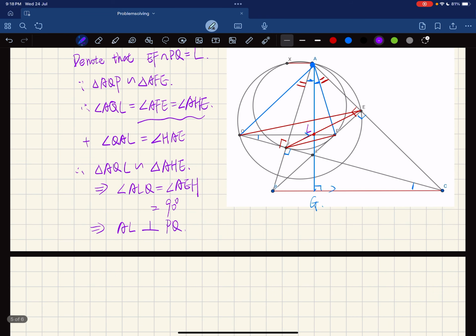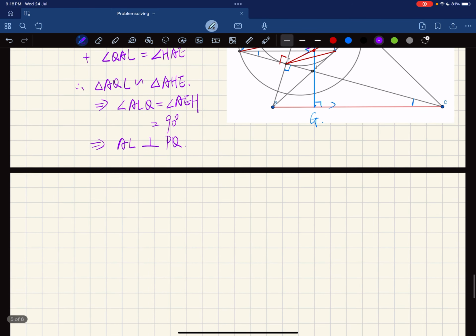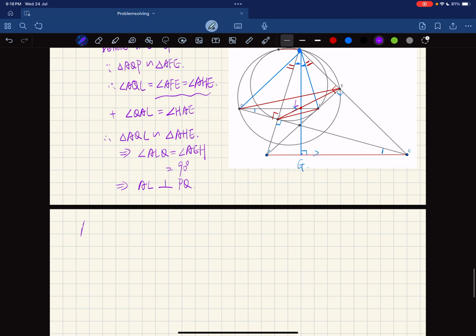And also we have noticed that AH is perpendicular to PQ.